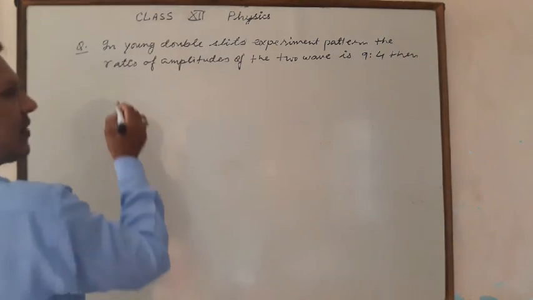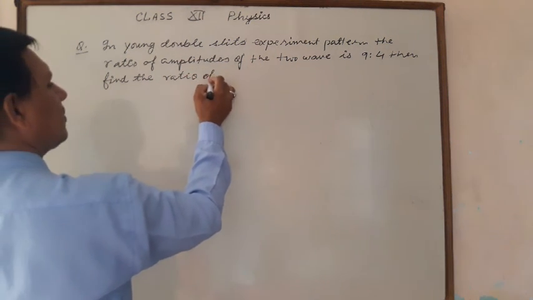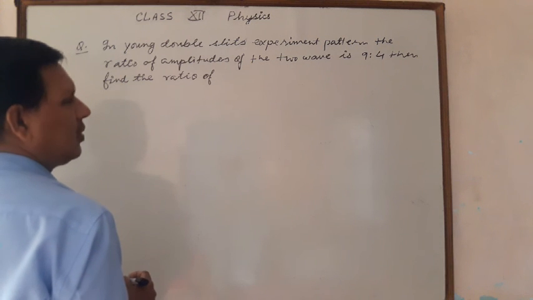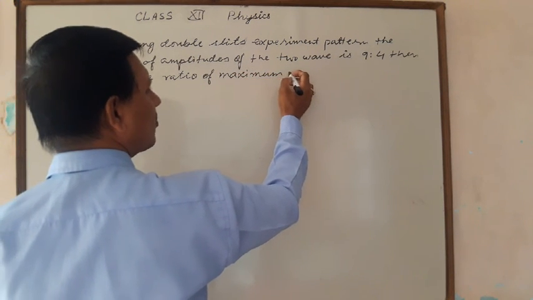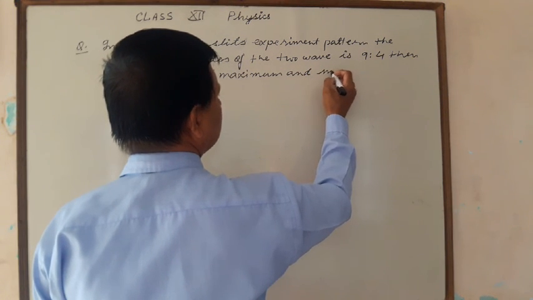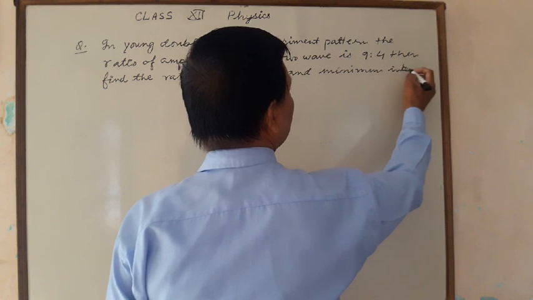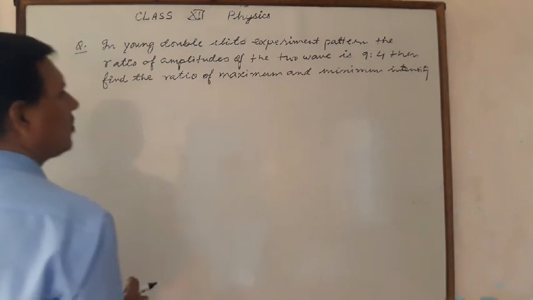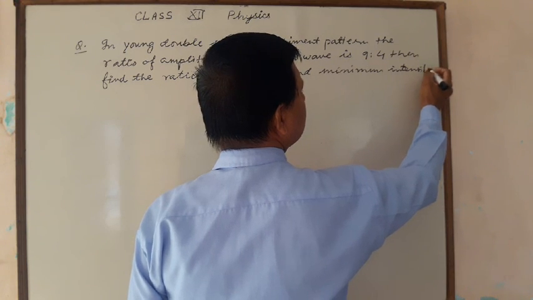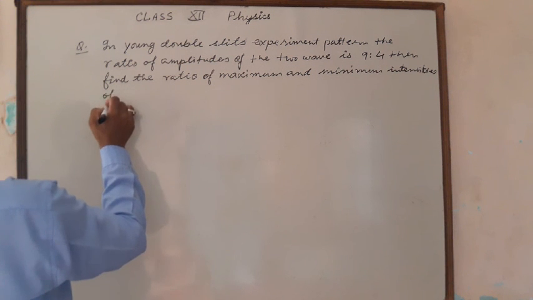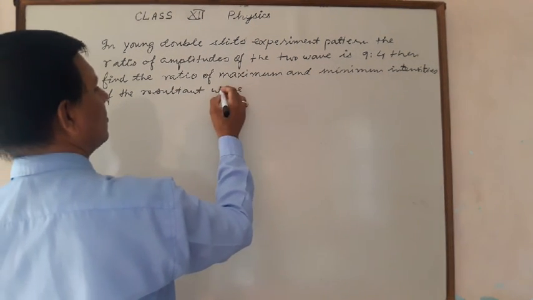Then find the ratio of maximum and minimum intensities of the resultant wave.